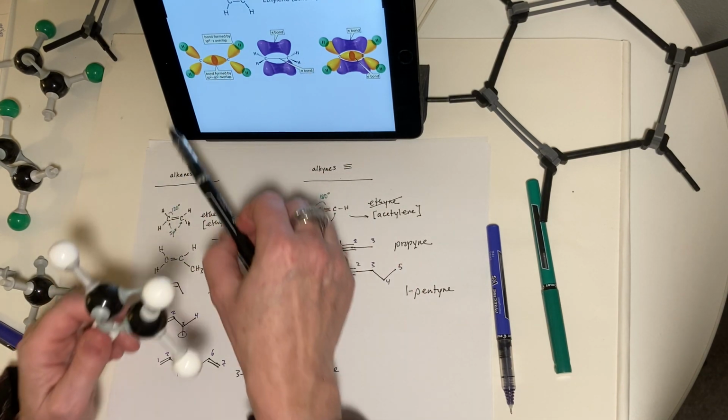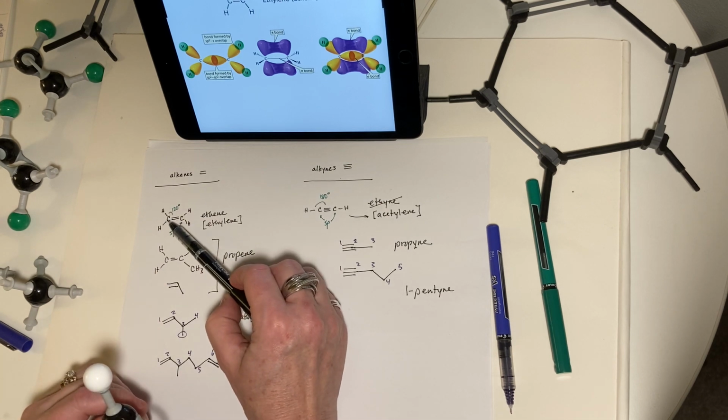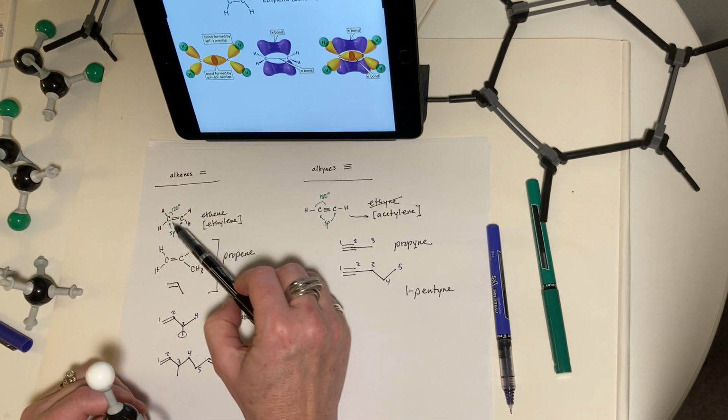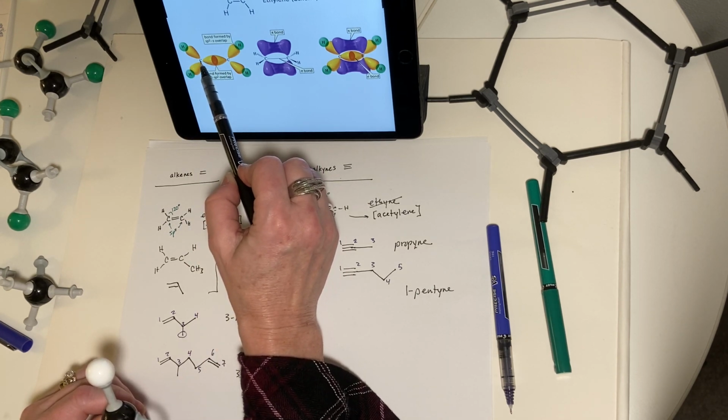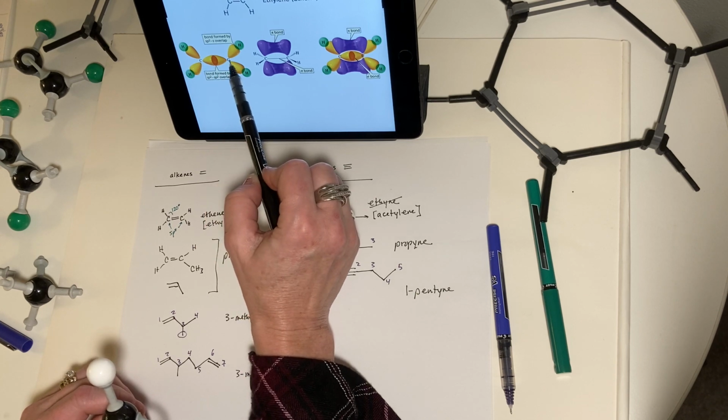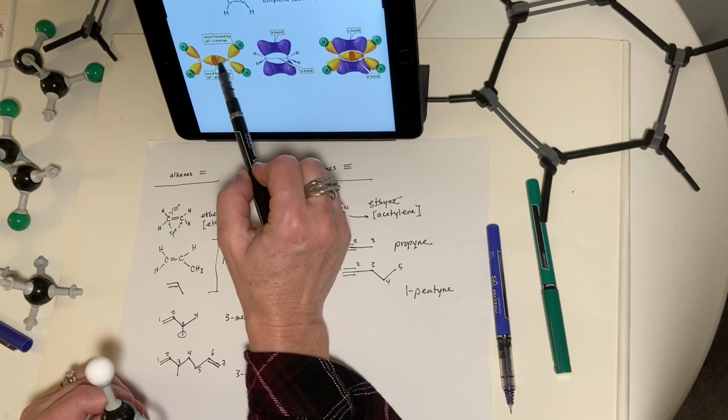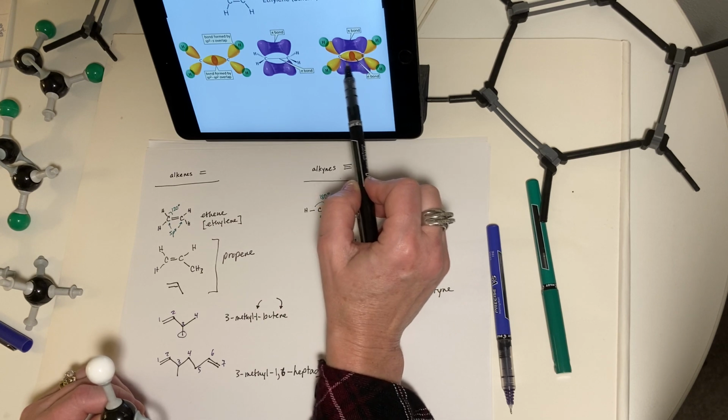Now, a carbon in this ethene, it's sp2 hybridized. So that means the single bond here is formed from overlap of the sp2 hybrid on that carbon and the sp2 hybrid on that carbon. When that overlaps, it forms a sigma bond.